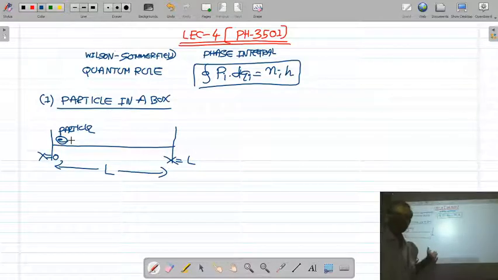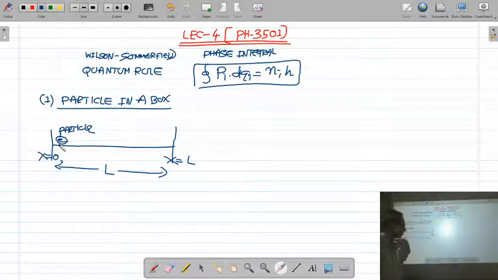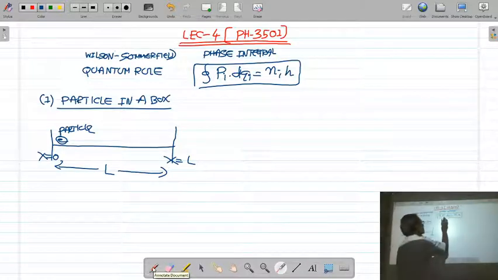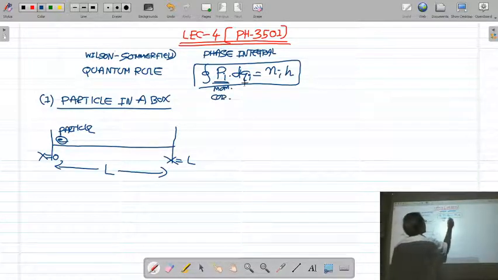This example we discussed in the last lecture, and using this phase integral, we derived the energy of this particle moving in a one-dimensional box of length L. Now, in this phase integral, pi are the momentum coordinates and qi are the position coordinates.